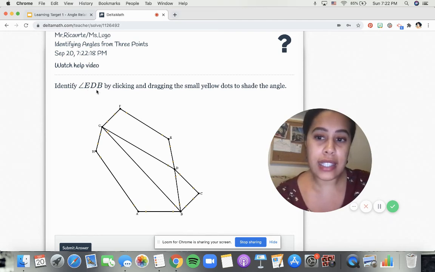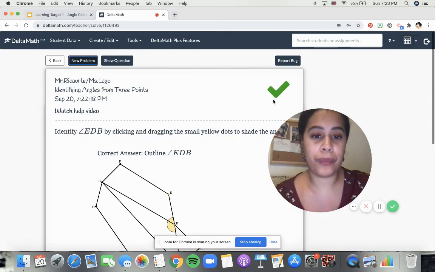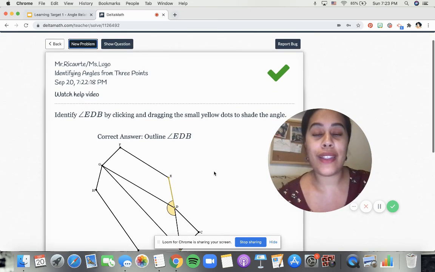Angle EDB is the angle that we want to highlight. So I see E here, and I see B over here. So angle EDB is this whole thing right over here. EDB. And there we have it.